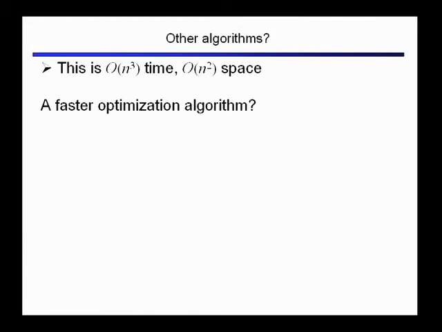It takes O(n^3) time and O(n^2) space, because you have to store this triangle, which is O(n^2) space, and for each entry in the triangle, you have to calculate all O(n) possible selections. That's somewhat slow. If n gets large enough, it will be very slow. So can I come up with a faster way of doing this?